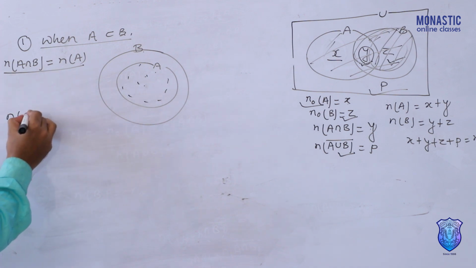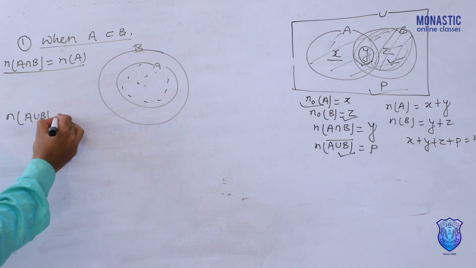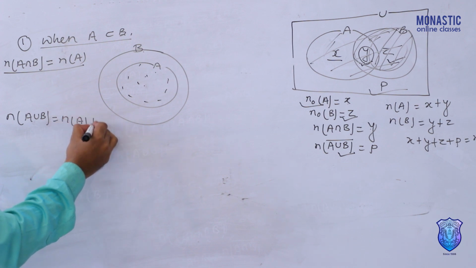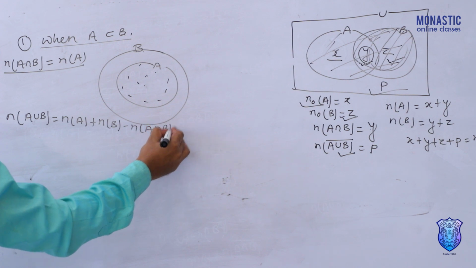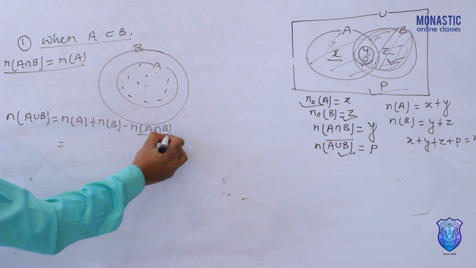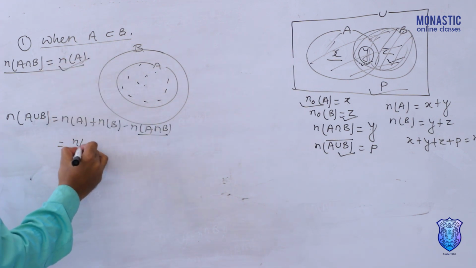Suppose we have to write the A union B formula: number of A plus number of B minus number of A intersection B. So what is the number of A intersection B we have?